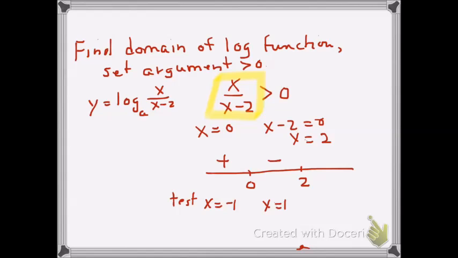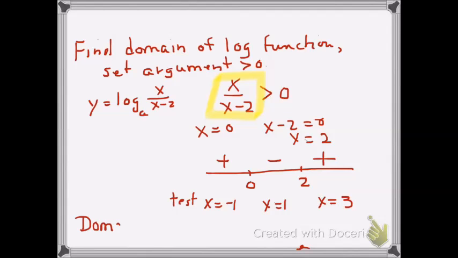And in the third interval, let's use x equal 3. Positive over positive would be positive. We want the expression to be positive, so we're going to choose the first and the last interval as our solution set.